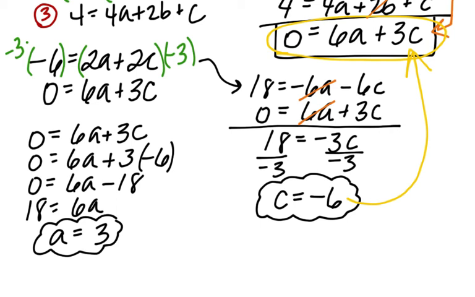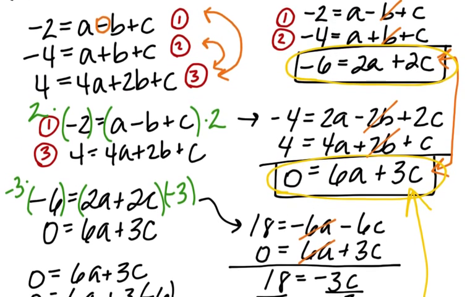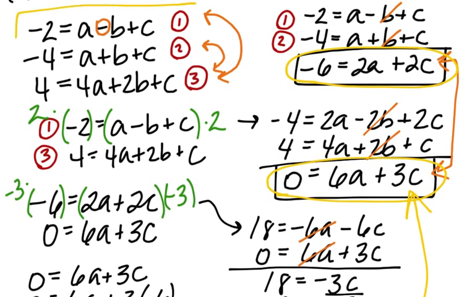So now I have my c value, I have my a value, and now we need to go all the way back to one of my original 3 equations in the system that I created, one of these 3. And we'll substitute a and c both back in and solve for b. And again, it doesn't matter which one you choose. I'll go ahead and choose the very top one.